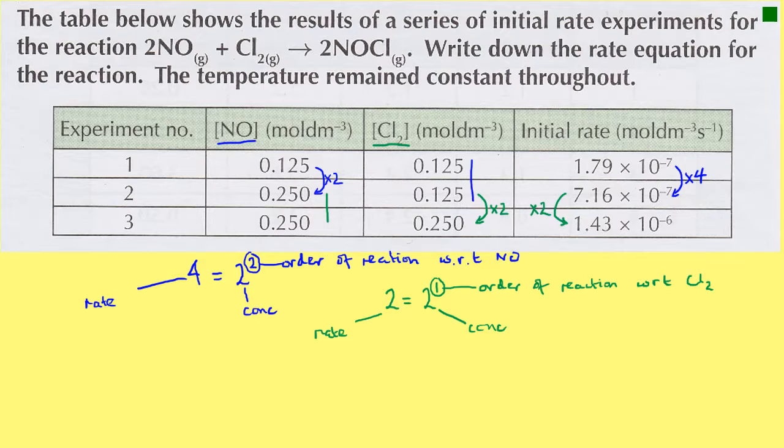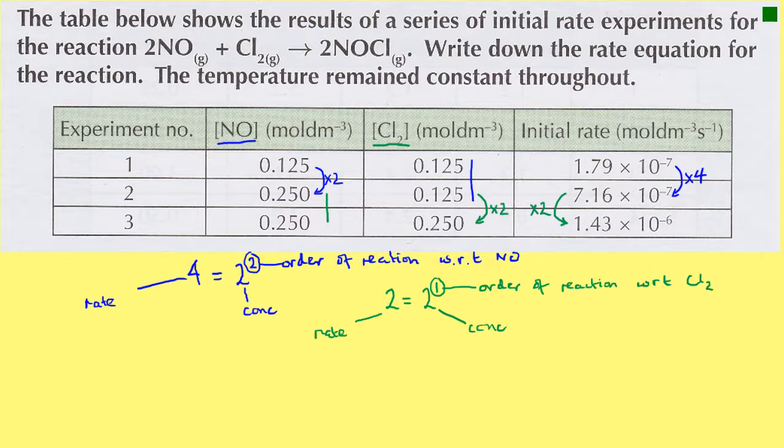And so we can look at the ratio there, and what we can see is that the initial rate has increased by 4 times. So we've increased the concentration by 2 times, yet the rate increases by 4 times. So if you imagine a rate equation, in relative terms, the rate has gone from 1 to 4.